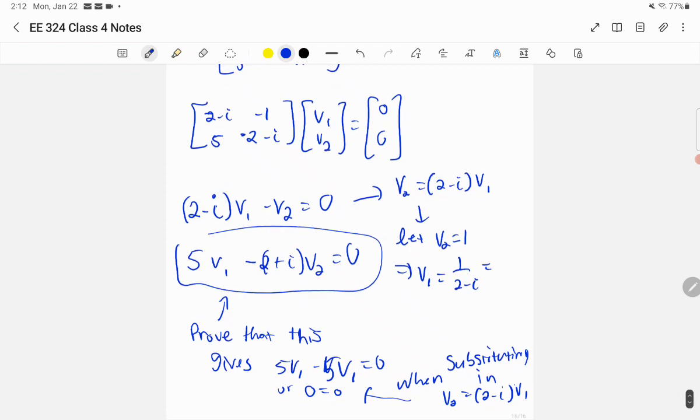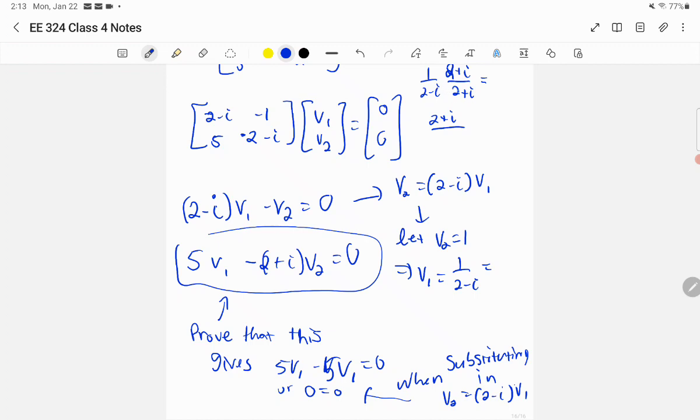If I multiply by 2 plus i over 2 plus i, I'm multiplying by 1. I get 2 plus i divided by 2 times 2, which is 4, minus 2i plus 2i, so that goes to 0, so I don't get anything with i in it.